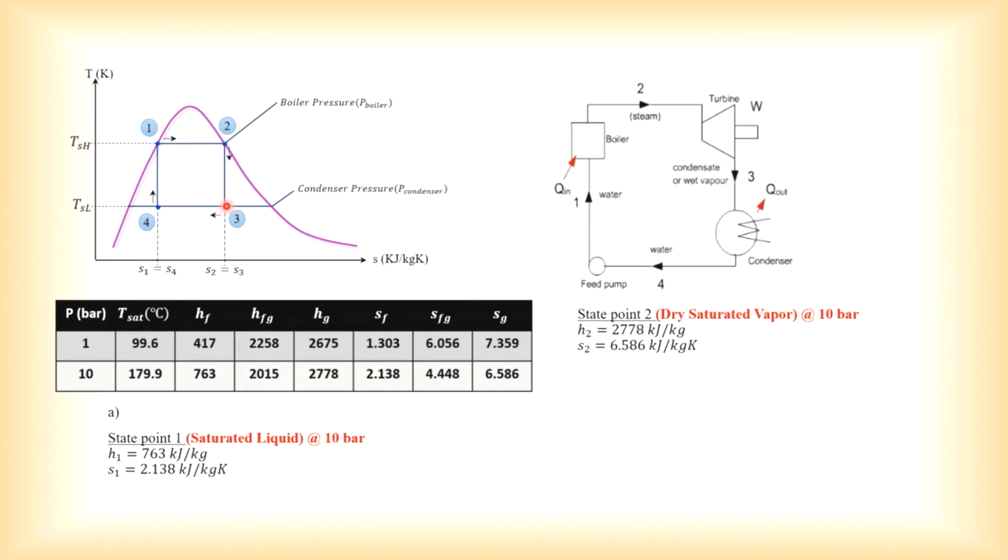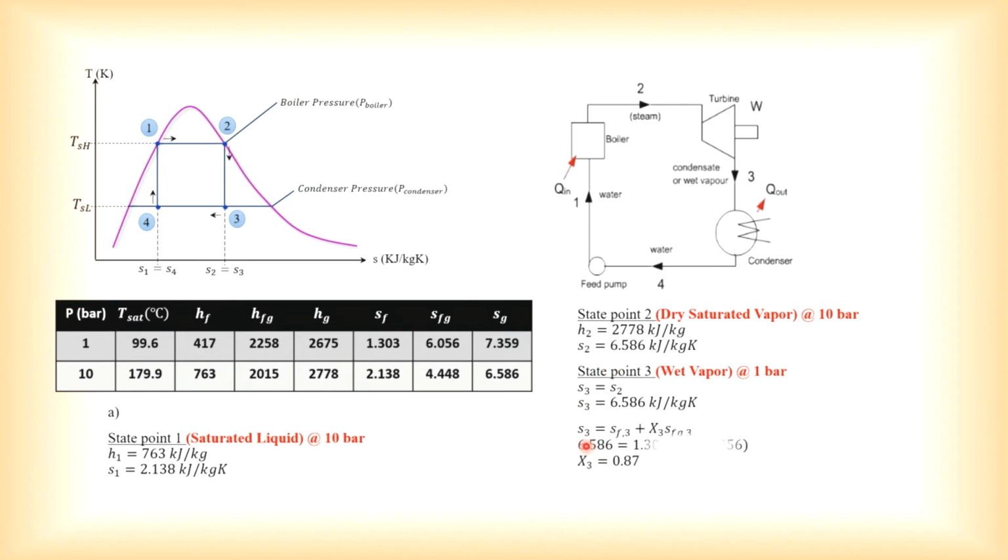Now, point 3 is wet. So for wet, let us find the dryness fraction first. How do we find the dryness fraction? Based on this, S2 equals S3. So we know that at state point 3, S3 is equal to S2, which is 6.586.